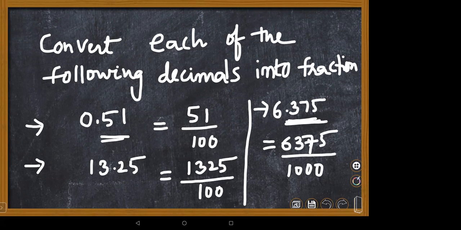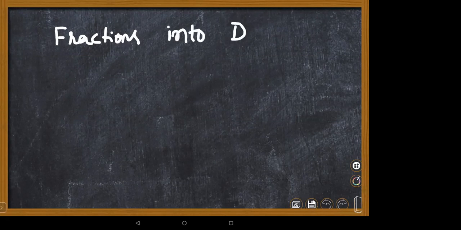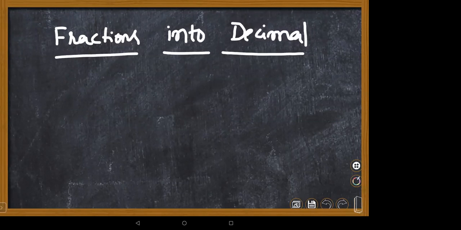Now fractions to decimal numbers. Sorry, children, we'll go into detail a little later. Basic part first, let me complete the basics. How to convert fractions to decimals? Children, fractions to decimals is also very easy when you make them decimal fractions.